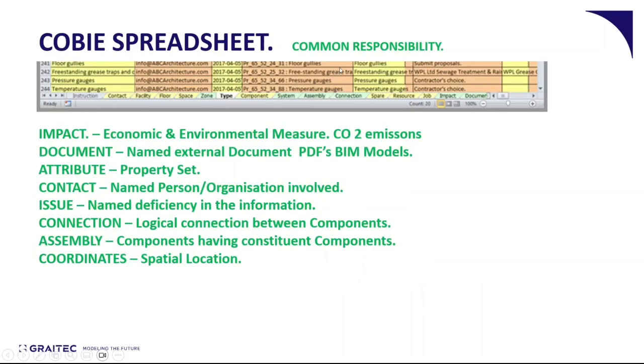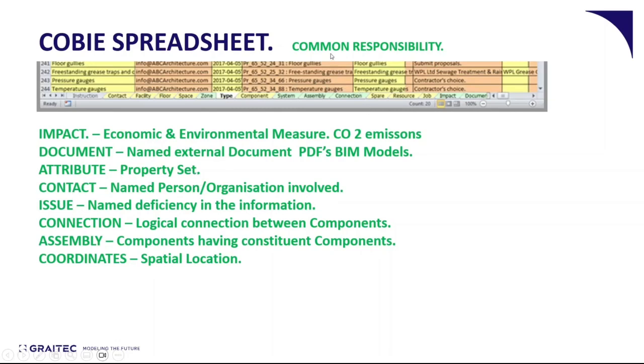And then there'll be different information. There'll be common information about the environmental impact of the building, the CO2 emissions. That information will be presented in numerous ways with numerous information presented. We'd have contact details, information about issues.